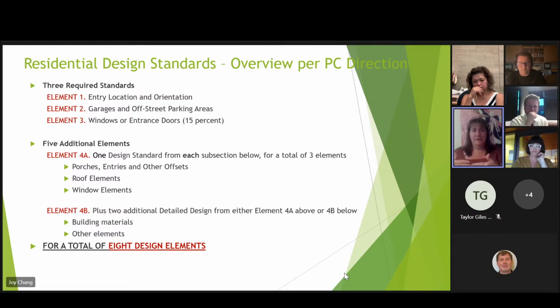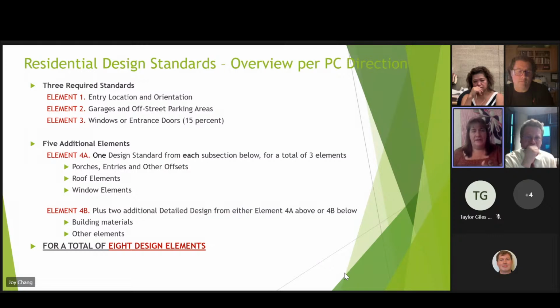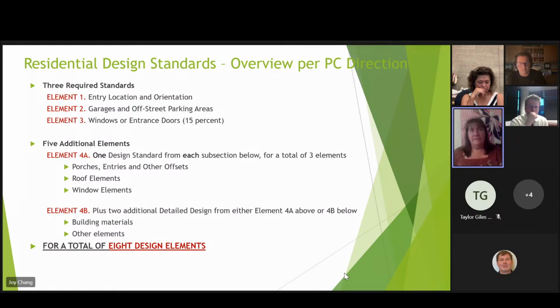So most of the design elements came across as making the house visually appealing, not a snout house, and pedestrian scale, with windows and doors to the community. They call it eyes on the street, having a better connection to your neighbors, to the outside.